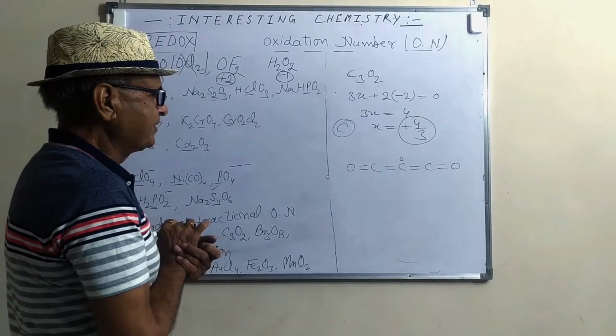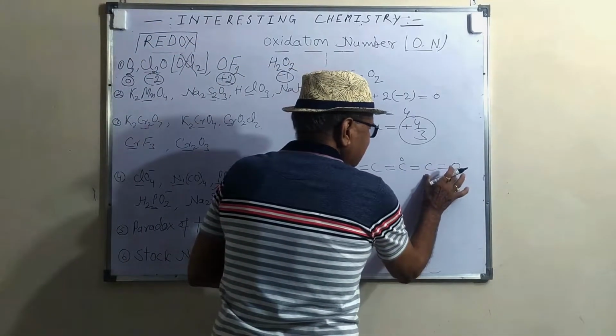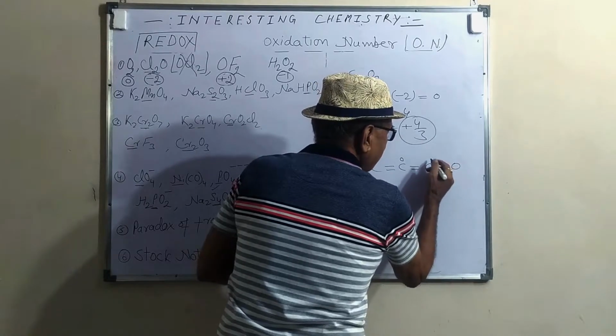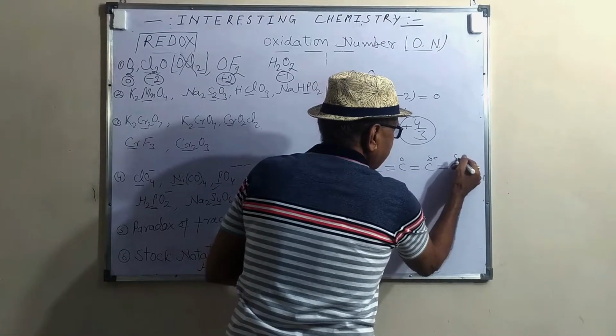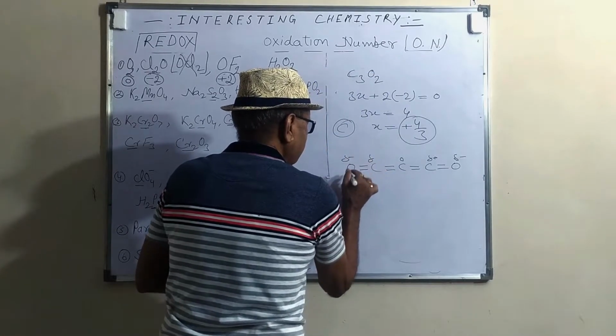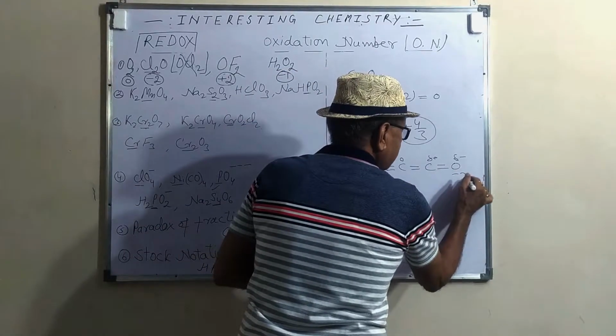Here the electrons are delta positive and delta negative. This oxygen is minus 2, this oxygen is minus 2.